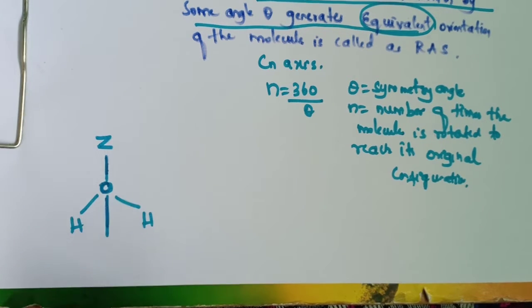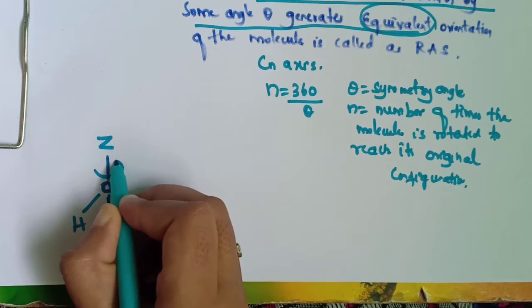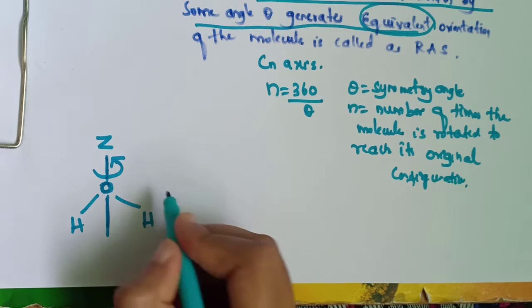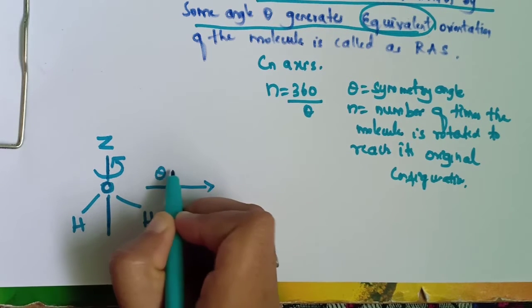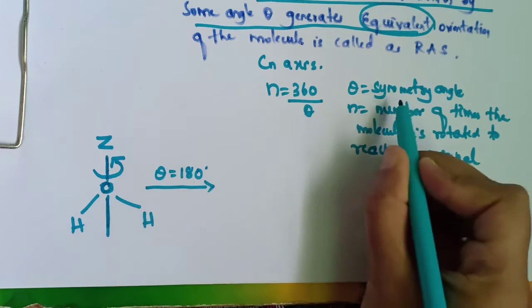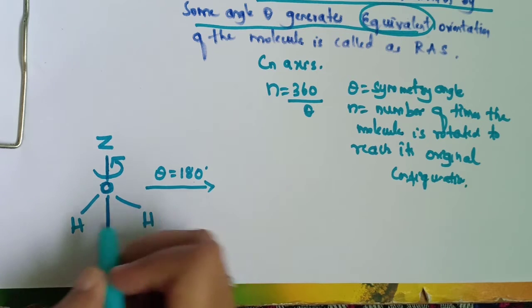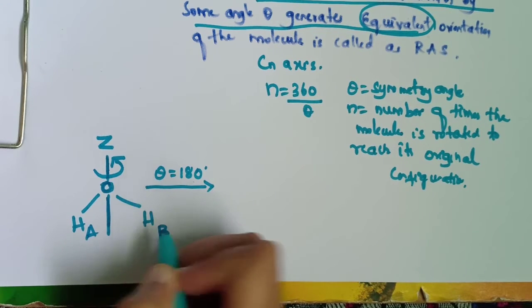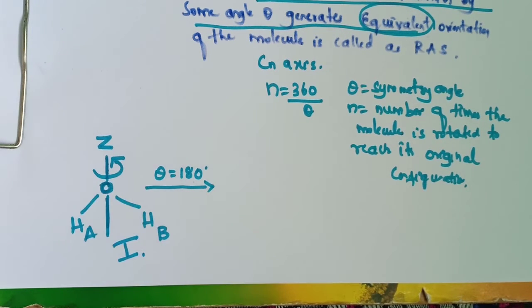We draw this imaginary axis on the molecule along Z and rotate the molecule by theta equals 180 degrees, the symmetry angle. Let's label the hydrogens as A and B. This is the first structure.